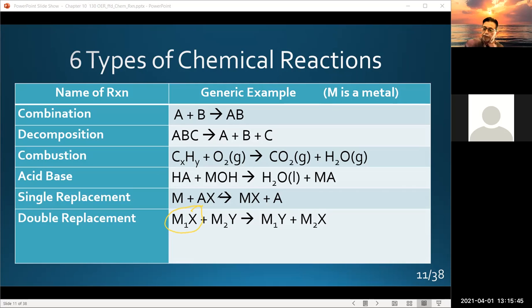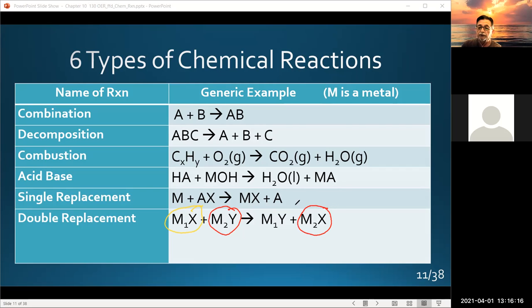In the process of all these electrolytes being in the solution, if I partner up with another ionic compound, in this case M2X, what's going to eventually happen is the partners, the cation and the anions, are going to interchange with each other. And so now I generate M1Y and M2X.